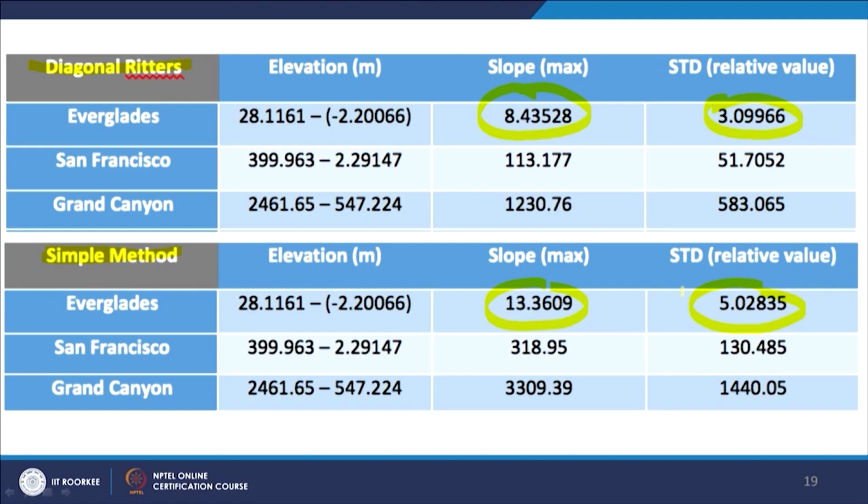So, results differ for different terrains, this is the point which I have been mentioning. If a lot of variation is present, results are going to be different. If less variation is present, results are also going to be different, no matter what method you employ.